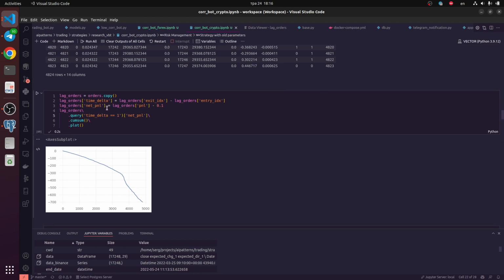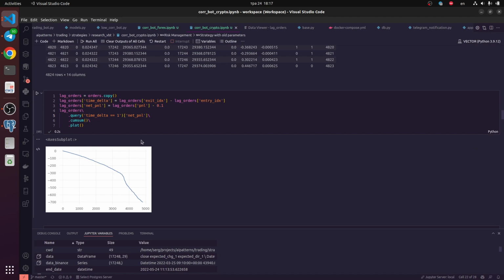And you see, if our time delta is 1 bar for this strategy, it's not working. In general, if I did backtest of strategy and created a subset from this pandas data frame, and you see query, we create a subset and calculate net P&L, and we have this beautiful negative P&L.